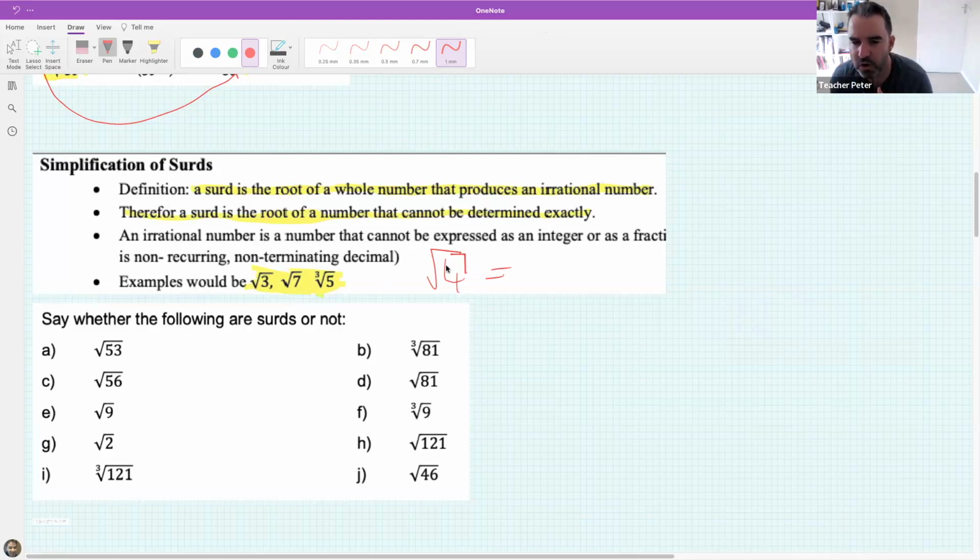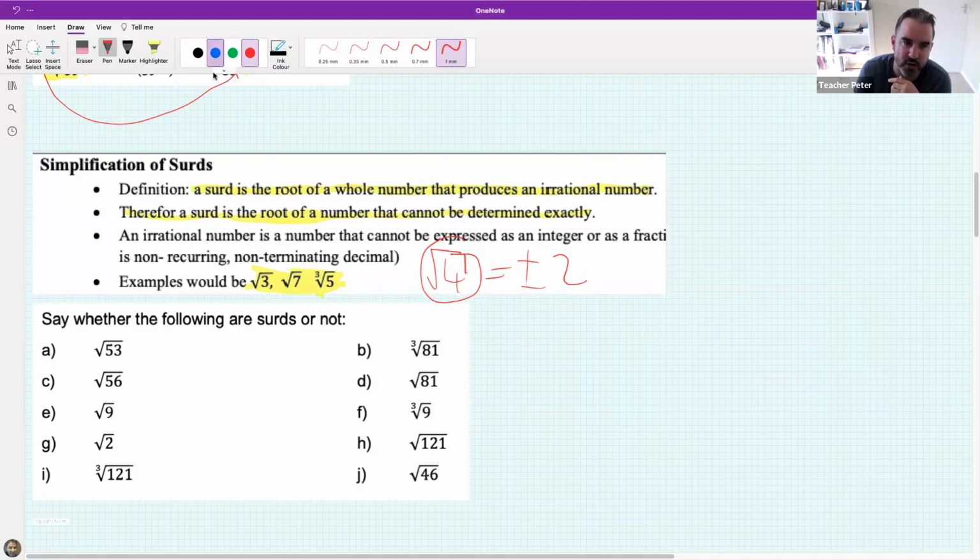Okay, so Nicole has realized that this is neat, and this means that square root 4 is not a surd, because the square root of 4 is going to be plus or minus 2. And so that is not a surd, but these ones over here are surds.